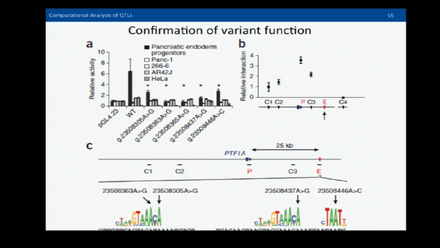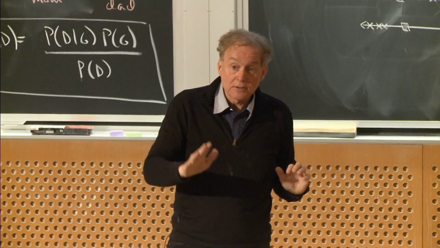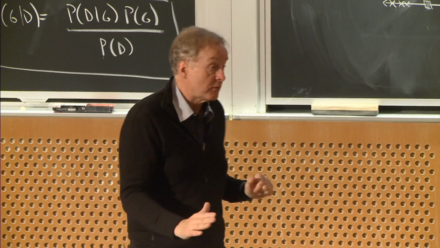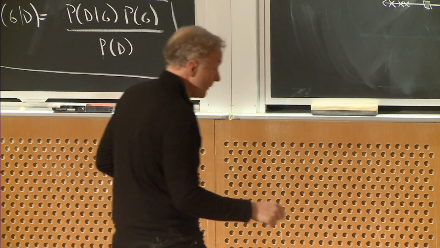The 3C panel on the right, with the y-axis being relative interaction, shows that that enhancer is interacting with the promoter of that gene. And they further elucidated the motifs that were being interacted with, and the little arrows point to where the mutations in those motifs occur. So they've gone from an association with that particular disease to the actual functional characterization of what's going on.